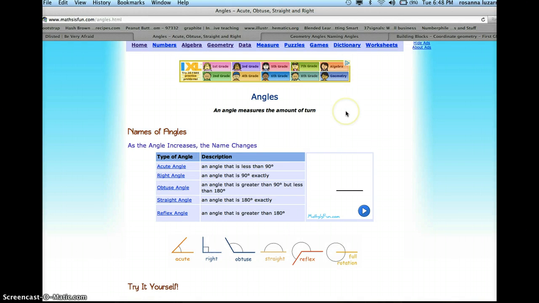Now, to continue with our review, there are 5 different types of angles. Before we talk about them, please take a look at this at the side over here. I'm going to play it.